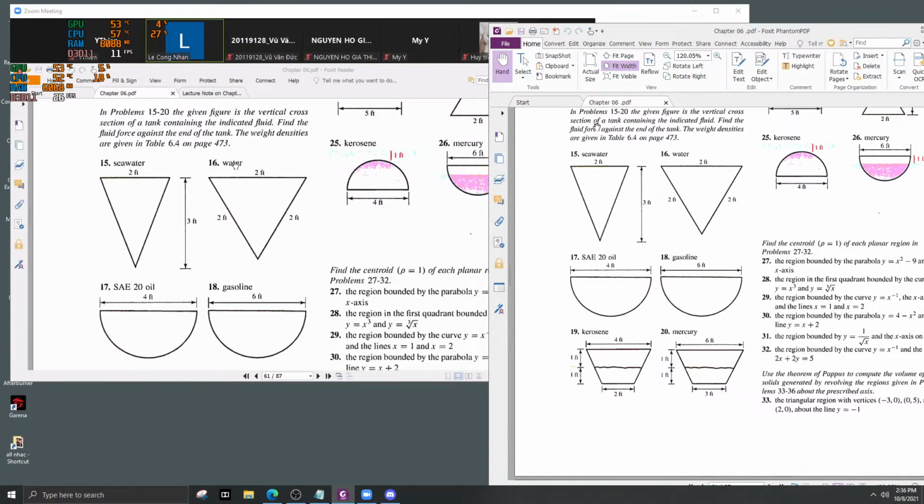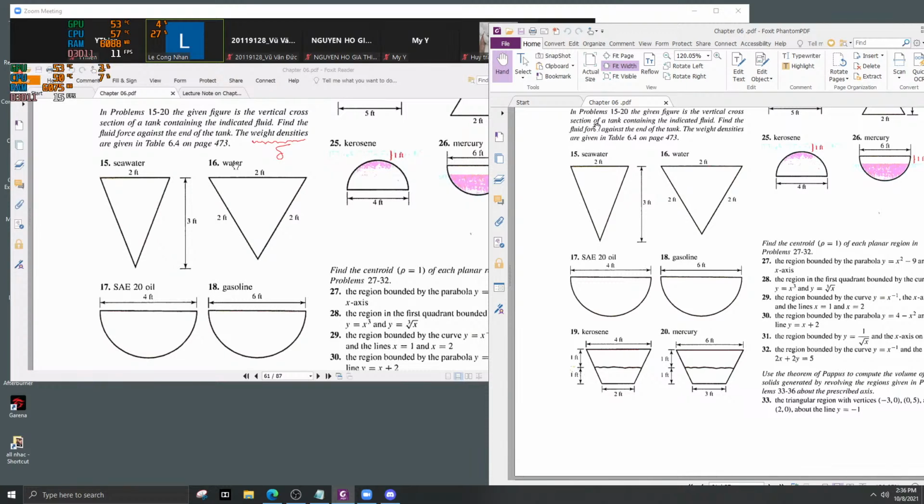So we know the weight density, that is delta, for seawater. Then we find the fluid force acting on one end of the tank.